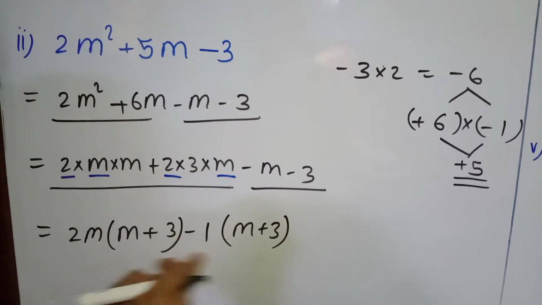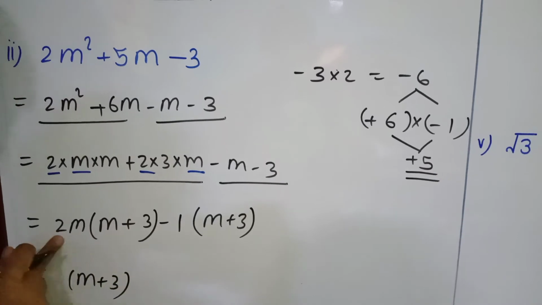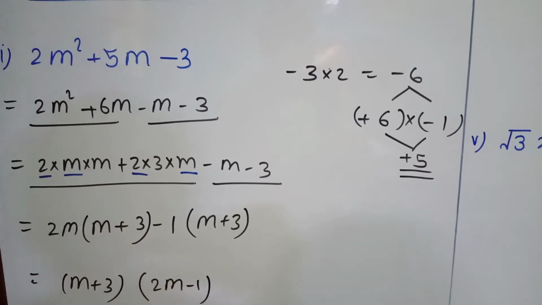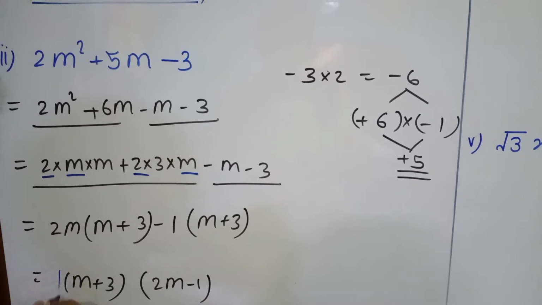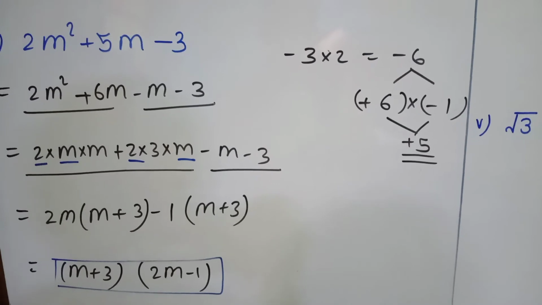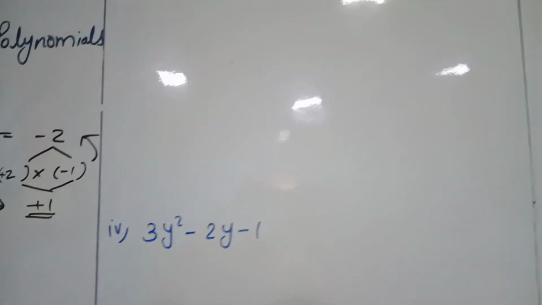You can see both the brackets are the same. So m plus 3, and the remaining terms we put in another bracket, 2m minus 1. This way we put both in brackets. So we got the answer. Now move on to the next sum, that is the third one.